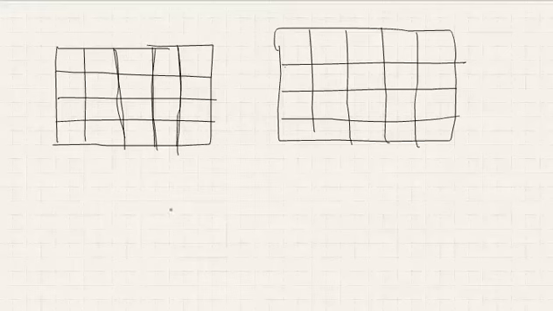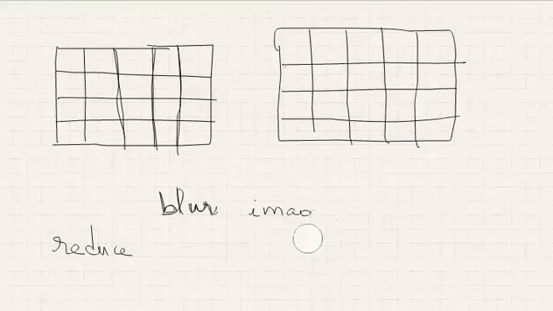You are going to blur the image. Blurring the image means you are going to reduce the brightness or contrast. This is all done in imaging in the PhD work, guys.